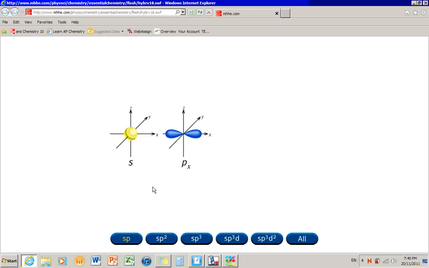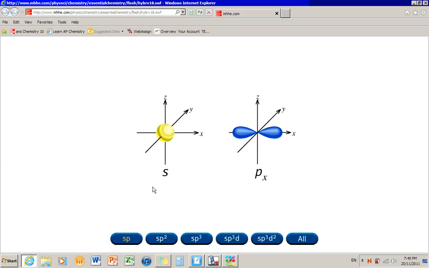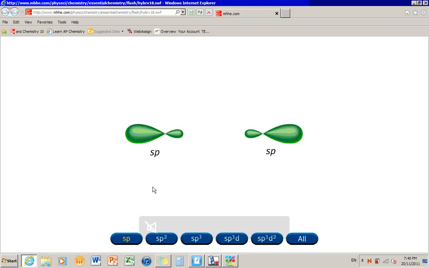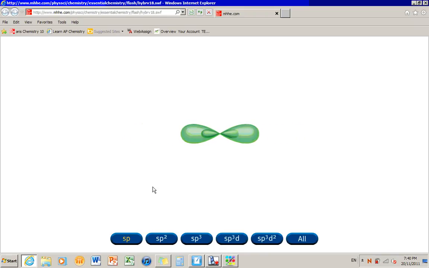So let's look at mixing an s orbital with one of the p orbitals. If we take s and p orbitals and we combine them, we're going to get 2 sp hybrids. The way that those are going to organize themselves is in a linear formation. And we'll talk about that more as we go. Let's look at sp2 hybridization. Think about it for a moment.